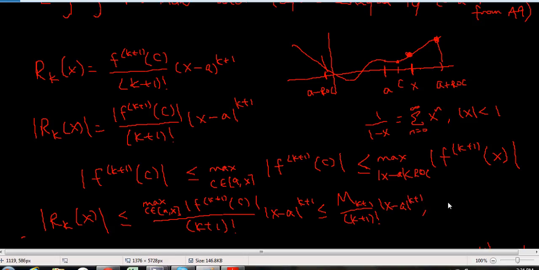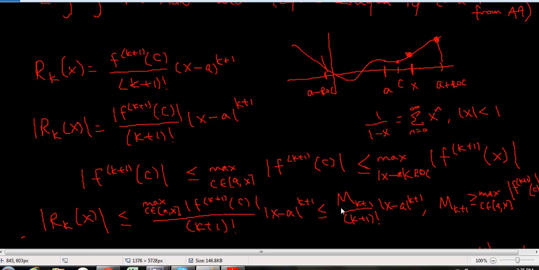And of course, M_{k+1} is bigger than the max over c from a to x of this thing here, the absolute value of the (k+1)th derivative evaluated at c. So this is where this version of Taylor's inequality comes from.